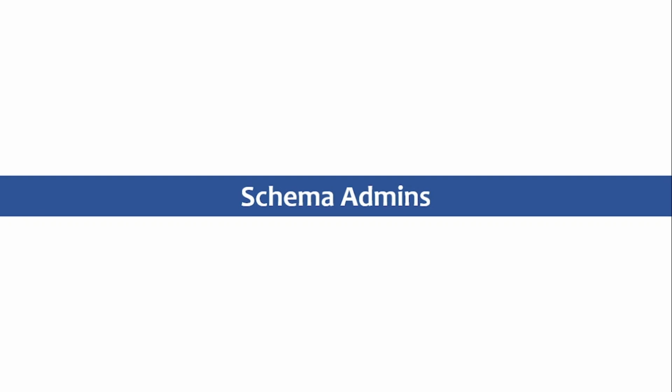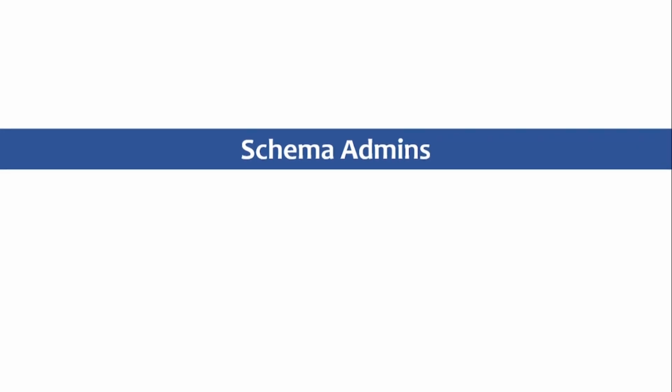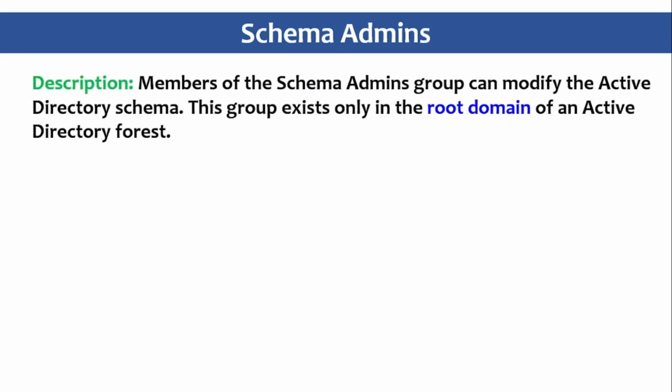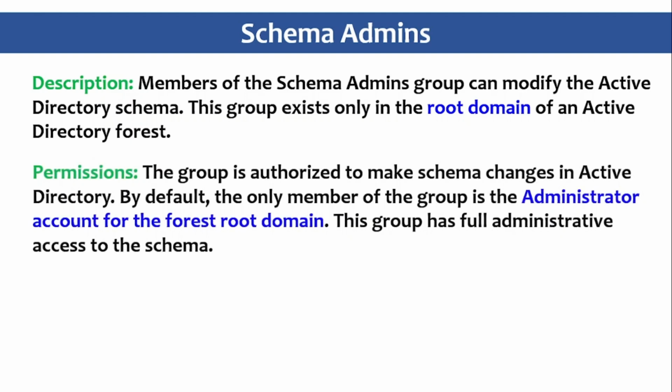Now let's look at schema admins. Members of the schema admins group can modify the Active Directory schema. This group exists only in the root domain of an Active Directory forest. The group is authorized to make schema changes in Active Directory. By default, the only member of this group is the administrator account for the forest root domain.